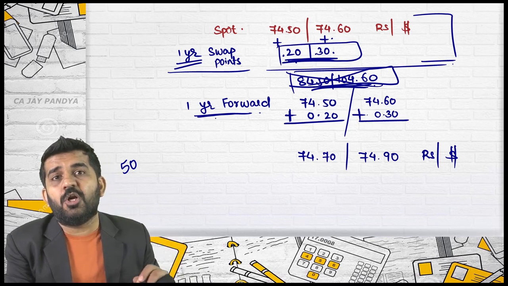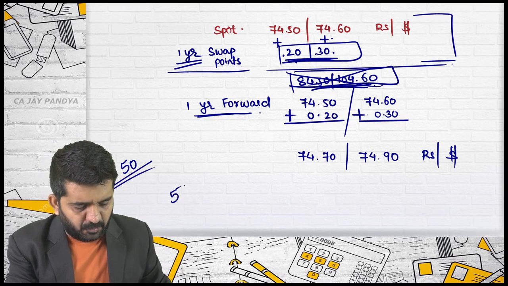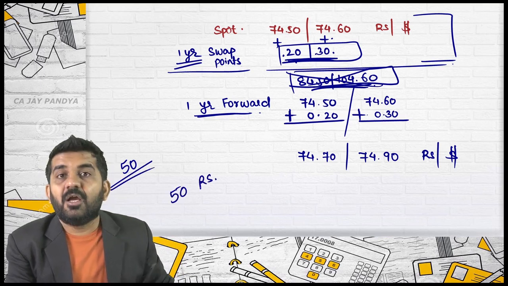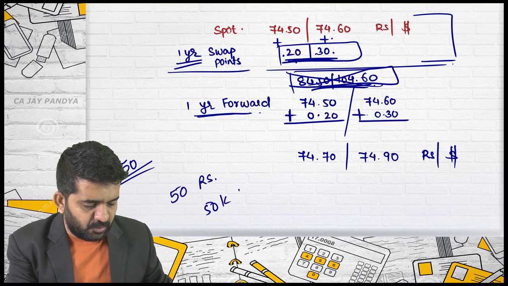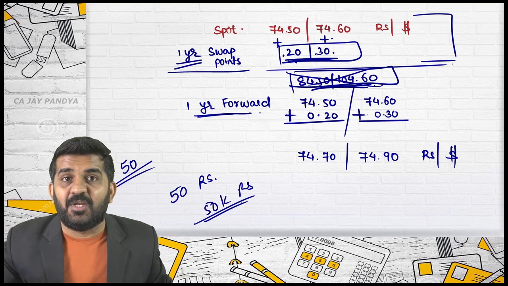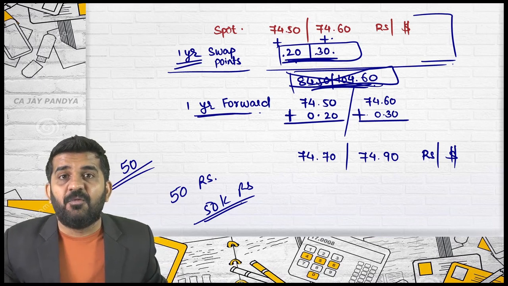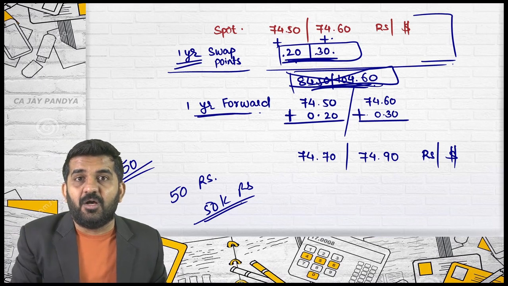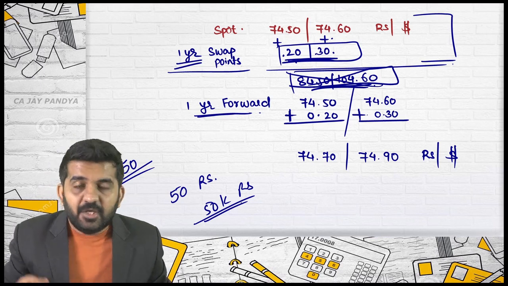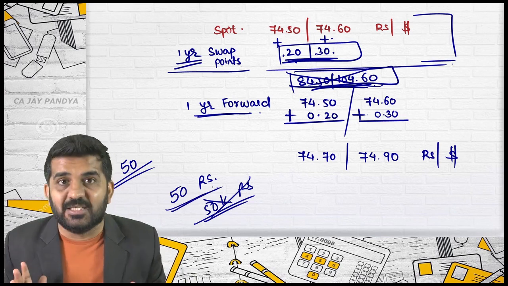Even if he does not clearly mention 50 rupees, we will assume this is 50 rupees. Can't you assume it is 50,000 rupees? Yes, because the wording is not saying exactly 50 rupees. He is just saying 50. What 50? 50,000, 5 lakhs? He is not saying anything. We will be assuming 50, seeing the circumstances.